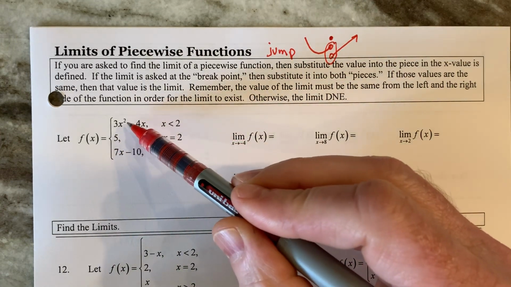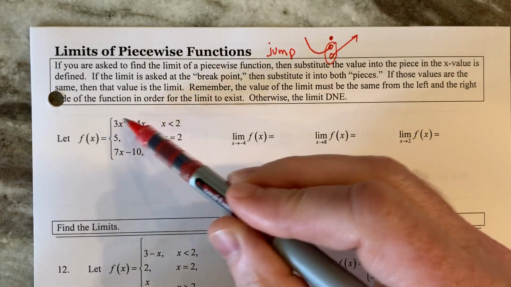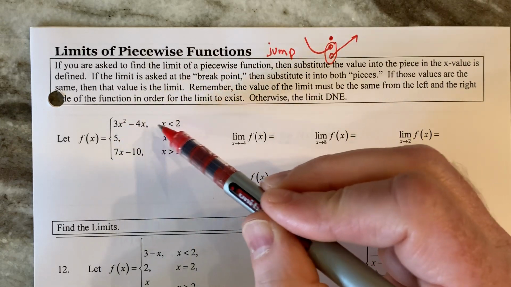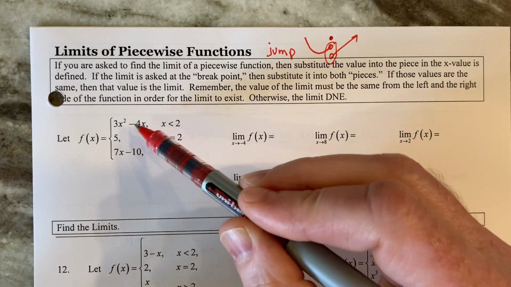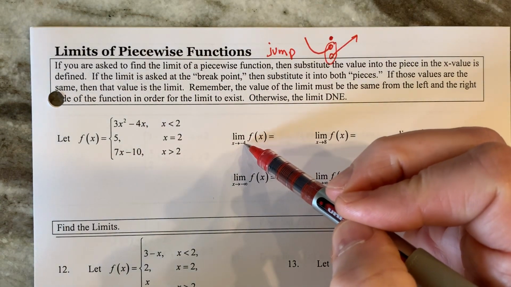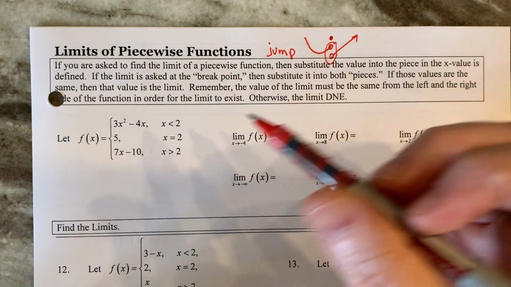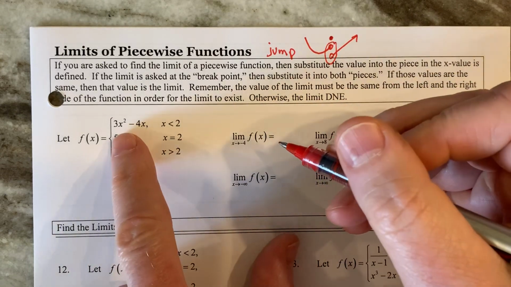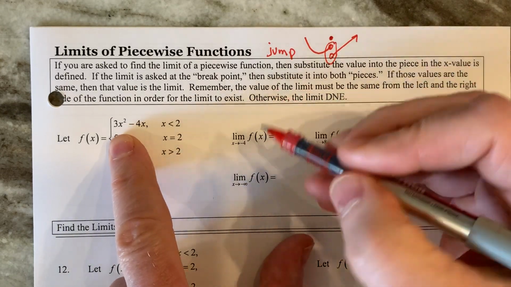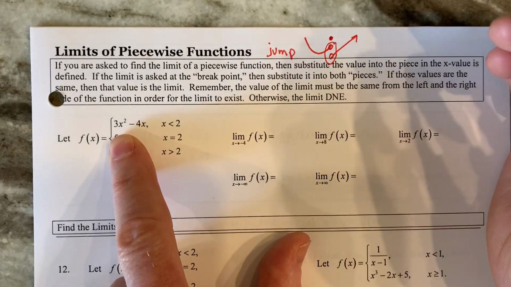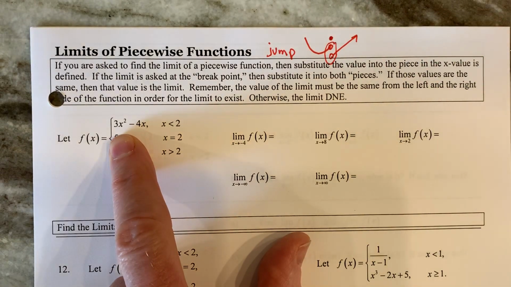It's only going to exist in that one. And -4 is well to the left of +2. So basically here, I'm just finding the limit of that. This part of the function would just be the 3x squared minus 4x. So I can just plug the -4 in there and get my value.